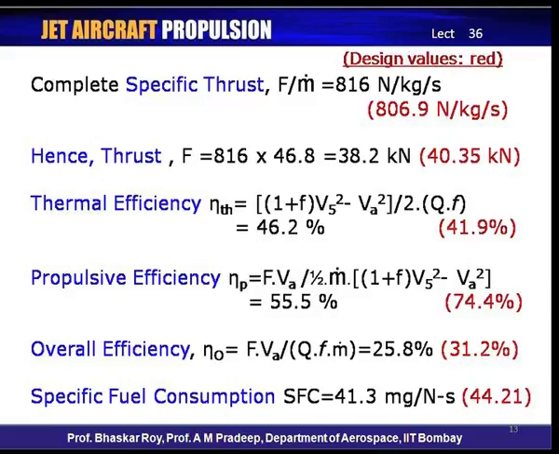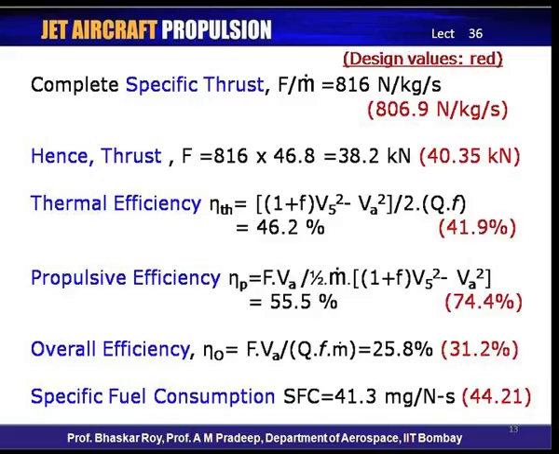That now comes in the denominator, multiplied by the mass flow, is the energy available to this mass of air passing through the engine, but the engine thrust being created is F, and with the velocity with which it is flying, that tells us what the thrust work being done is. So, when we compare the thrust work to the energy available to the gas, we find that only 55.5% of the energy available to the gas is indeed being used for thrust creation, and the rest of it is likely to be wasted in exhaust energy.